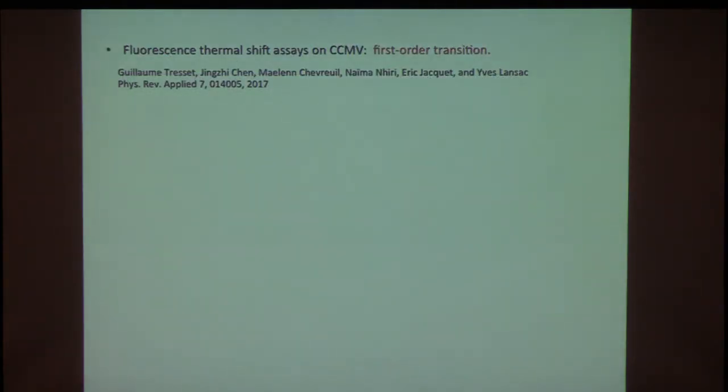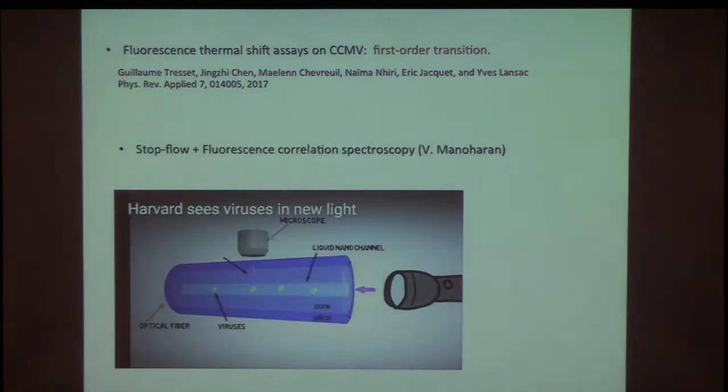There are other experiments going on which I know less about. Fluorescent thermal shift assay: you can check whether a protein is interacting with RNA or not, doing this fluorescence thermal shift. And in France, that gave a first order transition. But a very promising experimental technique has been developed by Vinny Manoharan at Harvard.